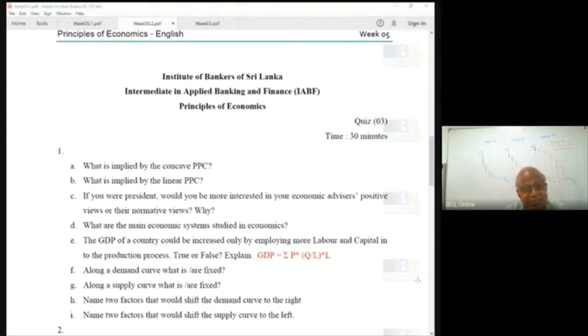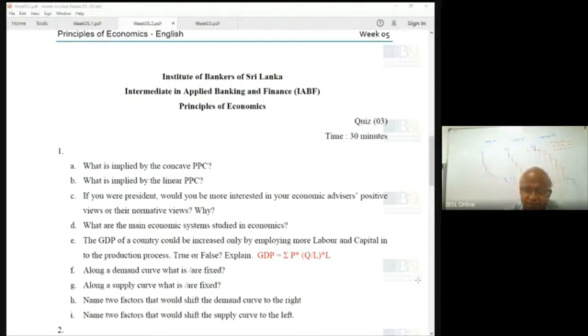Actually, this statement is false. But there is another way to increase. How do you do that? In the factory, let's say it is a shirt factory. They produce shirts. Per day, if one worker produces 3 shirts per day, by giving on-the-job training, financial facilities, other benefits, you can make him produce 5 shirts per day.